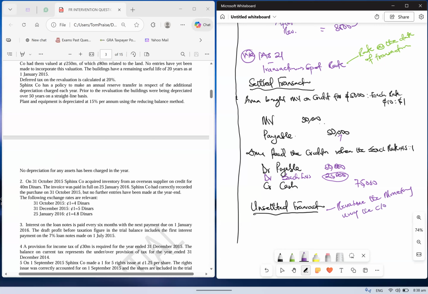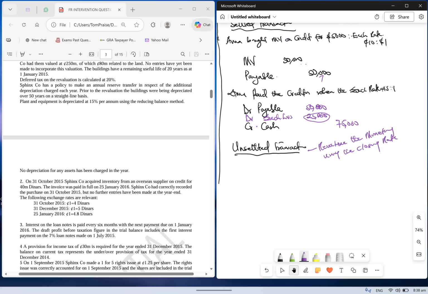So you will need a closing rate. Any exchange difference will go to your OCI because you have not paid it. It's unsettled. When you pay, then you transfer it from the OCI to the P&L. So take note of that.